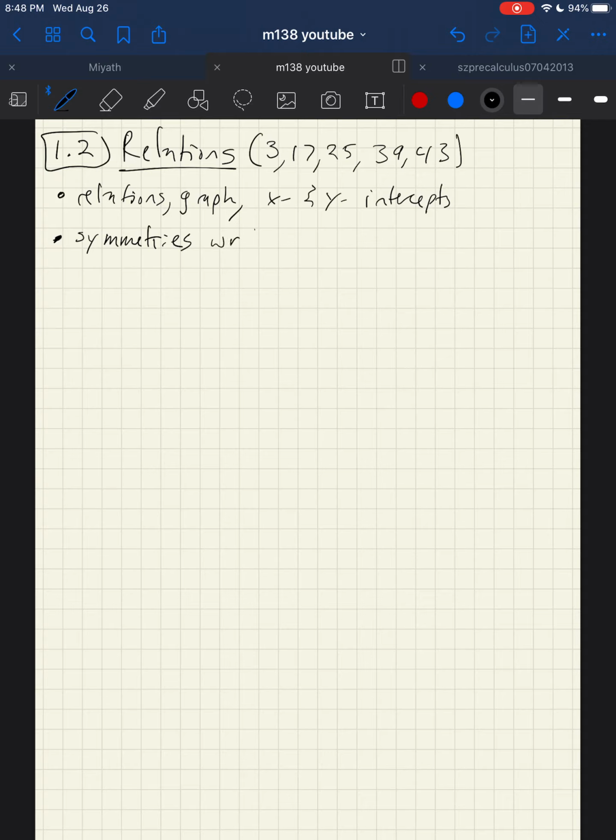So symmetries with respect to the X and Y axis and the origin, like before. And I would like for you to work through examples 1 through 4 in the book.